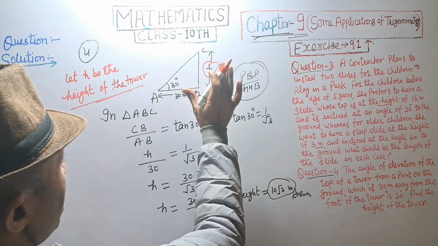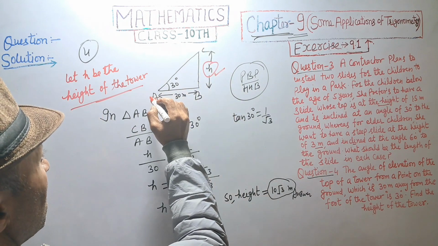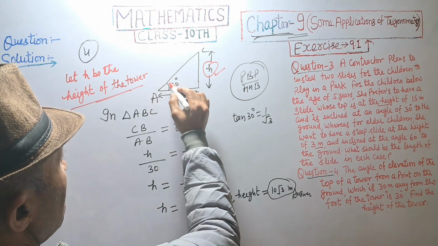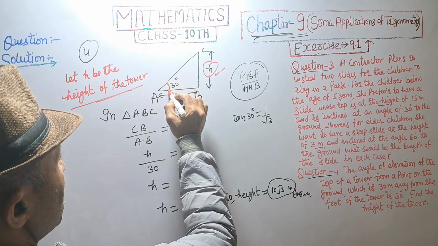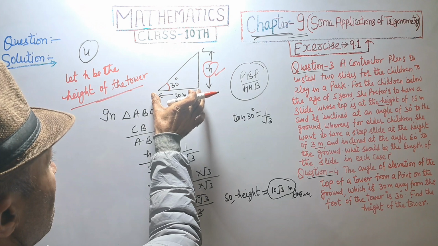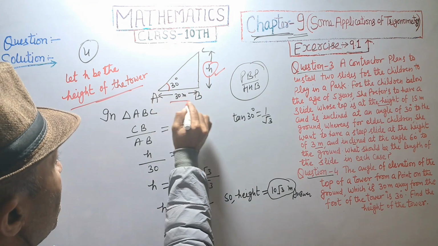CB is equal to H. We want to find the height of the tower, in which angle A is 30 degree and AB is equal to 30 meter.